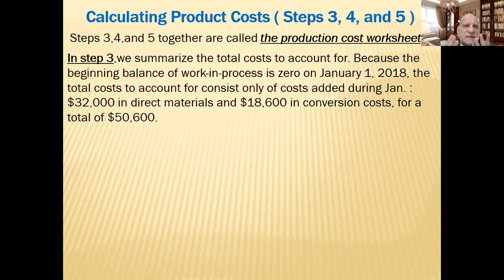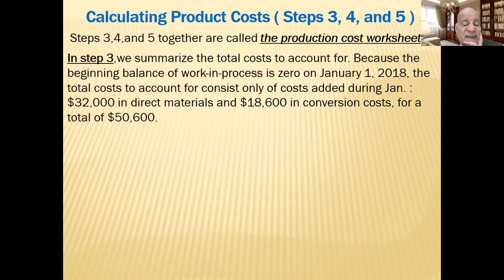The total costs to account for consists only of costs added during January, which are $32,000 in direct materials, $18,600 in conversion costs, for making the total of $50,600.